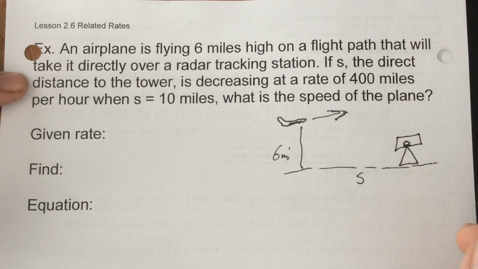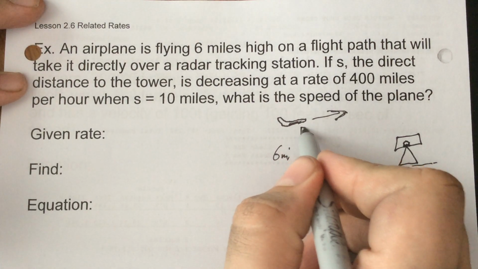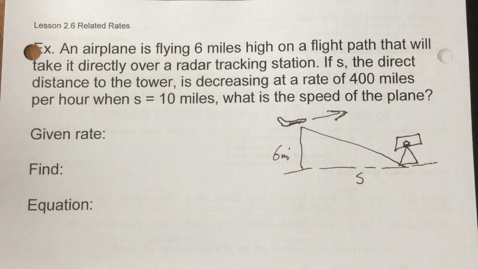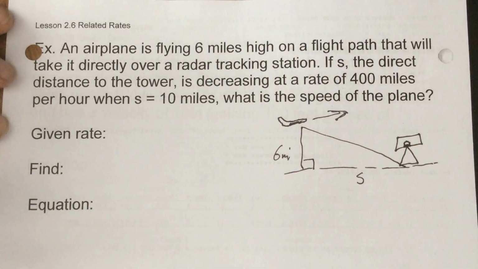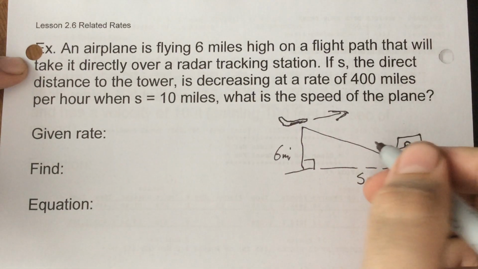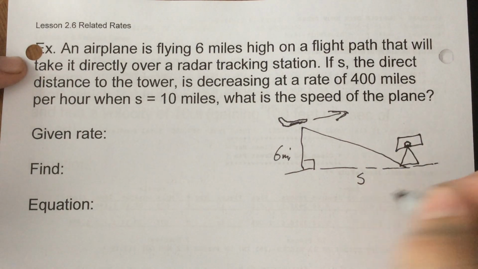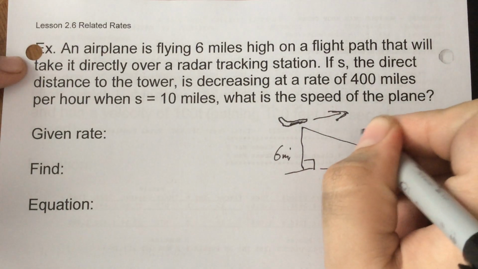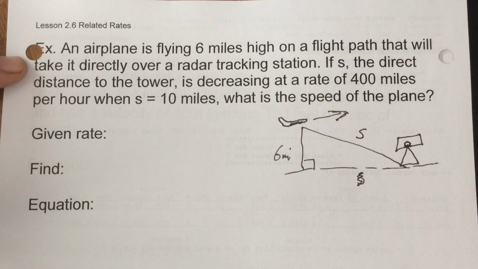So the direct distance to the tower would be from the plane to the tower. Well, what does that look like? It's a right triangle. So direct distance. Actually, our s should be up here if that's the direct distance.